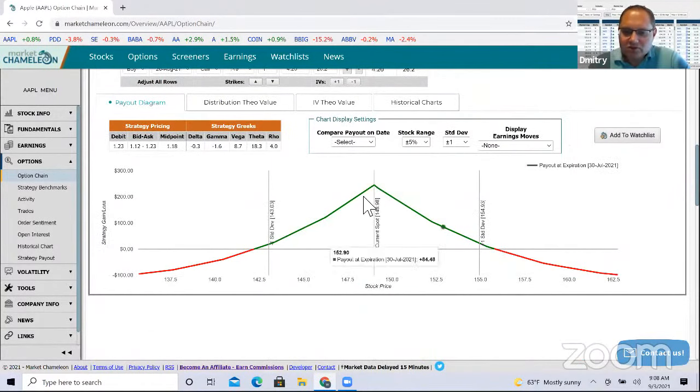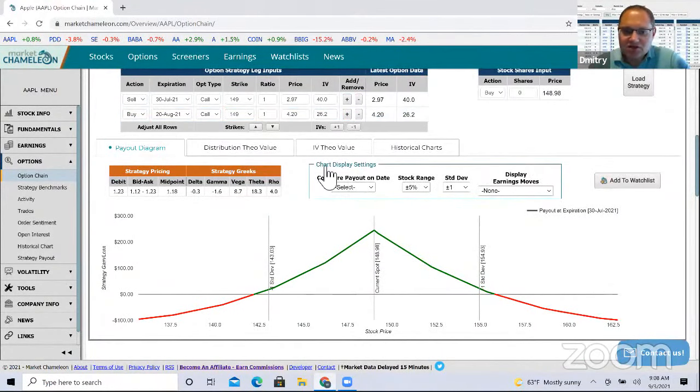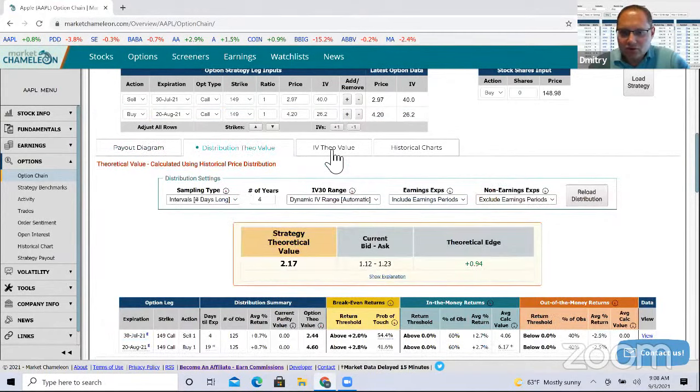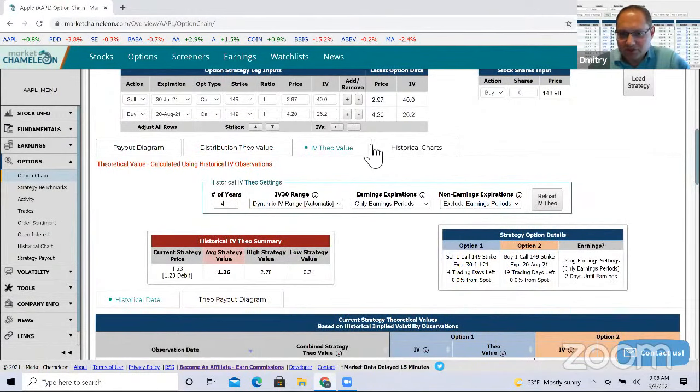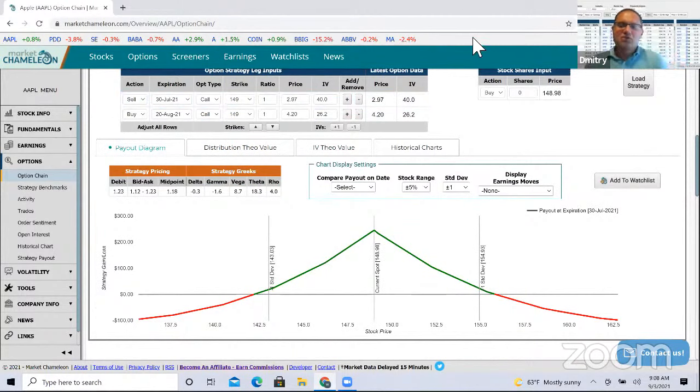So this is what the payout diagram would have looked like at that time, given all these assumptions. We could go to the Theo, but I'm going to go to this historical chart. Remember, we're evaluating this as if we don't know what's going to happen. Obviously we do, that makes it a little bit easier.